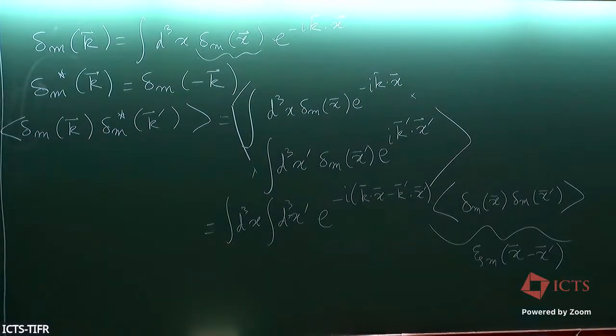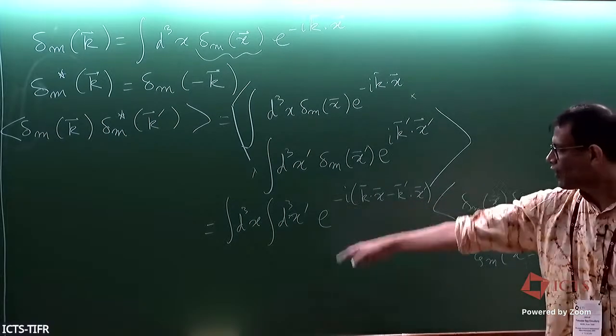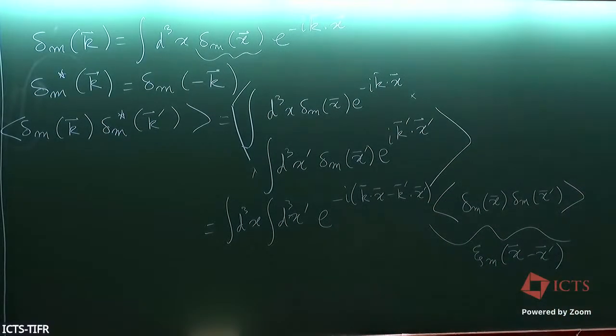Now you have to do some change of variables. So you introduce some y which is x minus x prime and replace one of these x or x prime with y, calculate the Jacobian carefully and do the calculations.